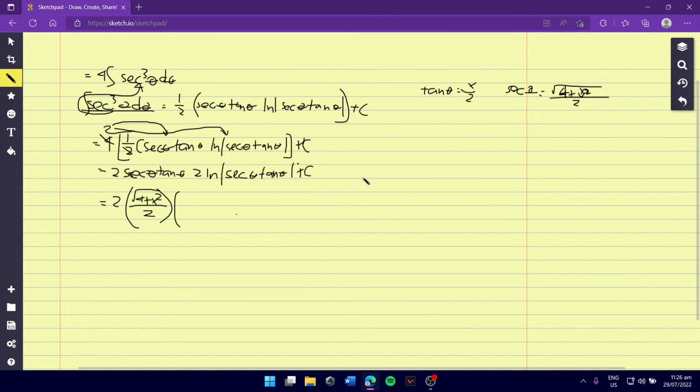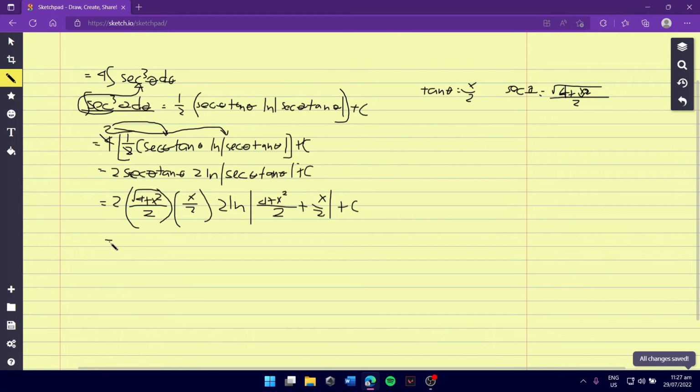And then times tangent of theta, which is x over 2. And then 2 ln secant theta, which is the square root of 4 plus x squared over 2, and then plus your x over 2, and then your arbitrary constant.